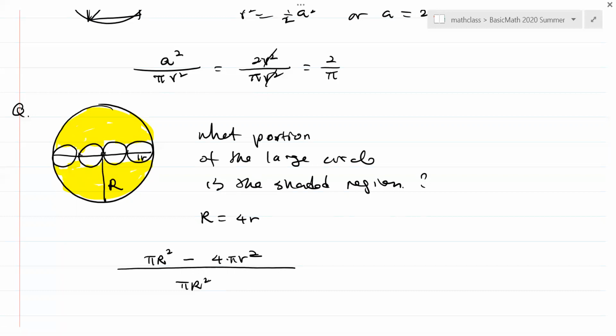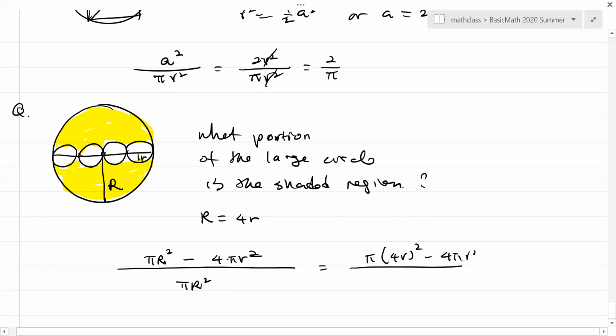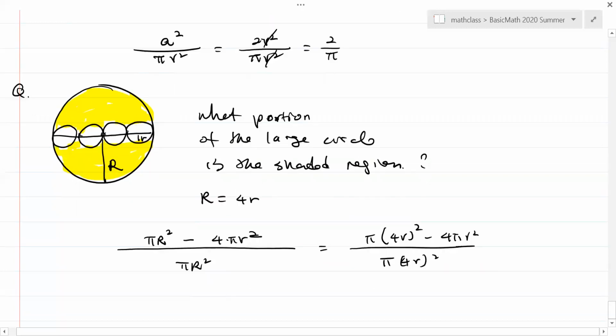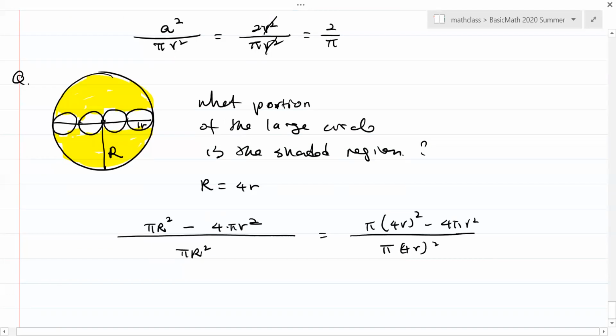So now you have a capital R and a little r. You have to replace capital R by 4 little r in order to solve the problem. So it will be pi times 16r squared minus 4 pi r squared, over 16 pi r squared.